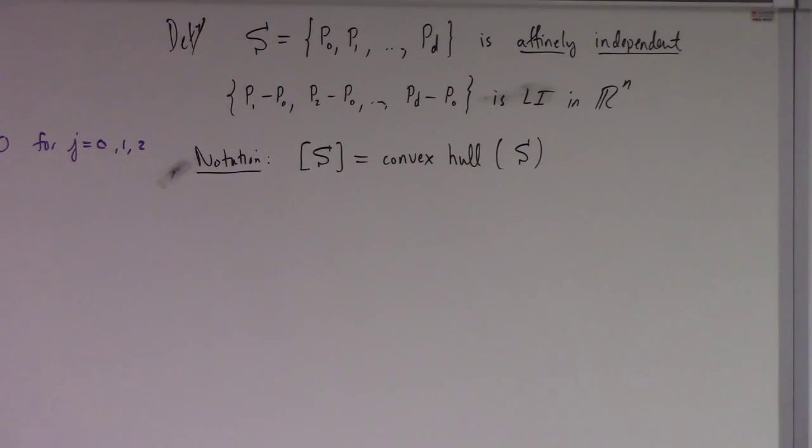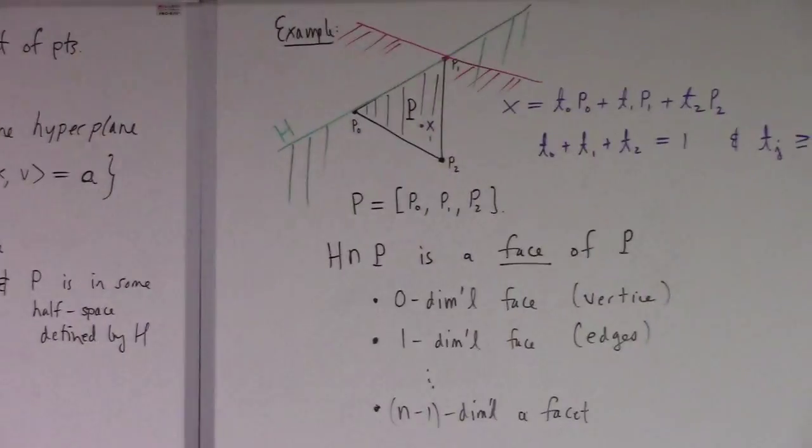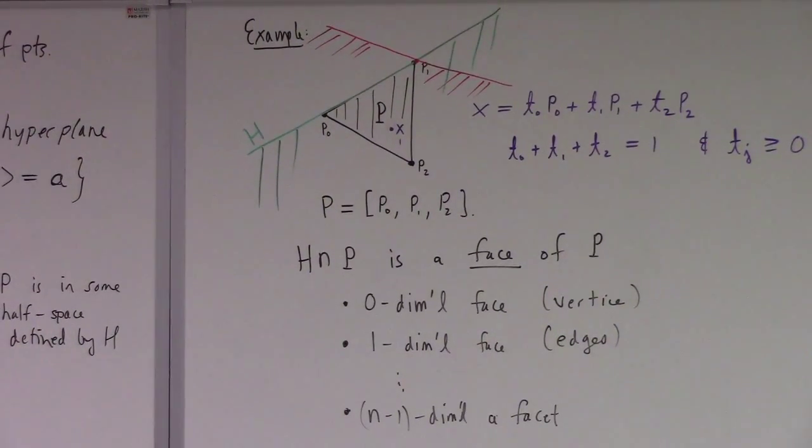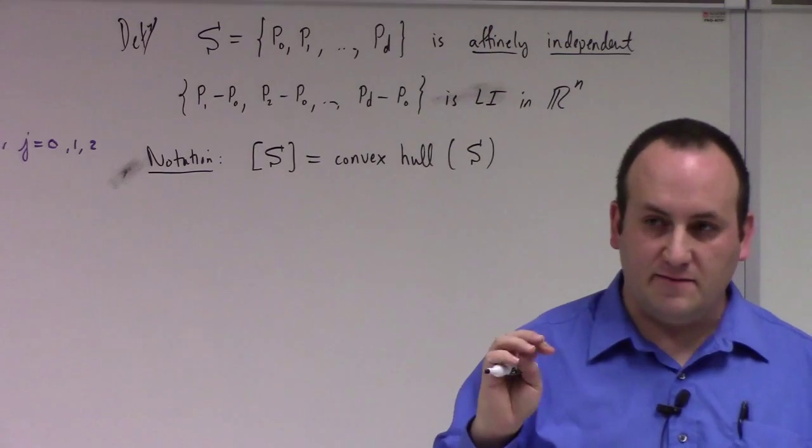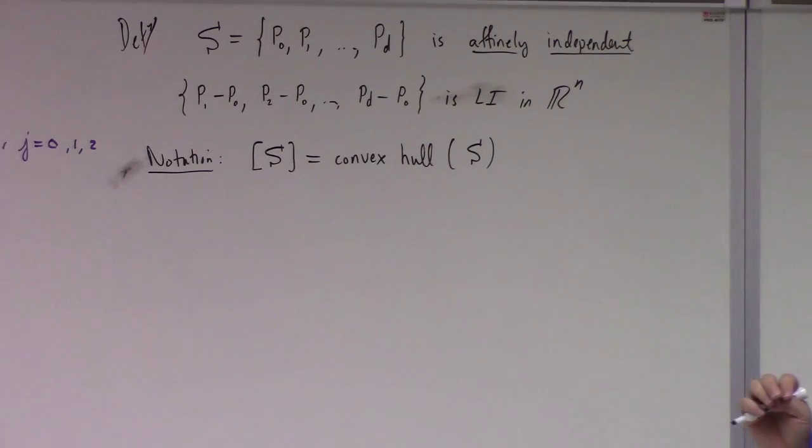Okay? Where again, the convex hull is defined by taking linear combinations where the coefficients are non-negative and sum to 1.